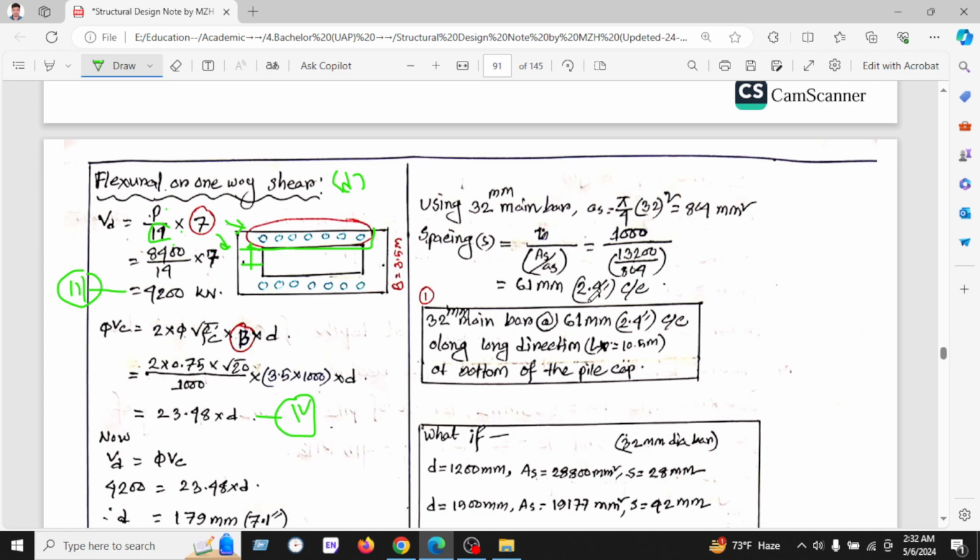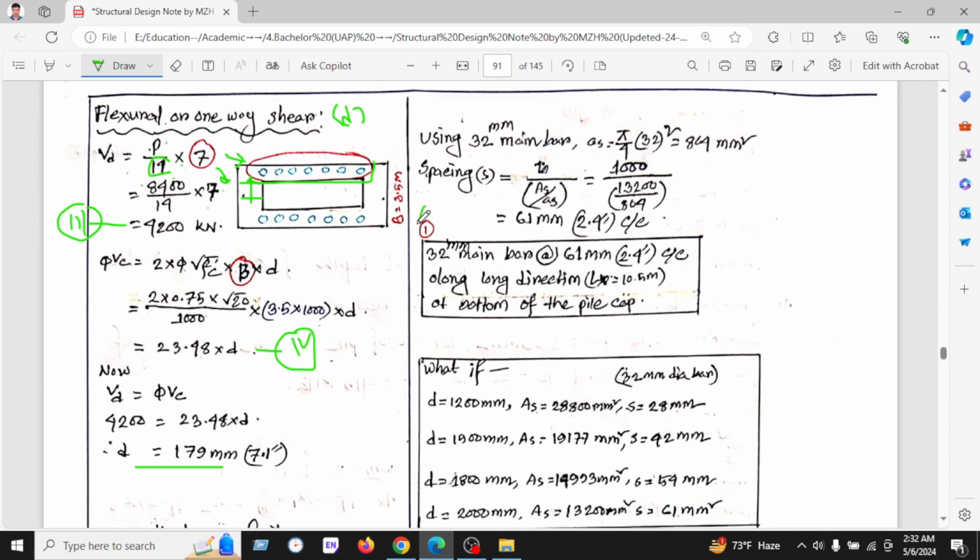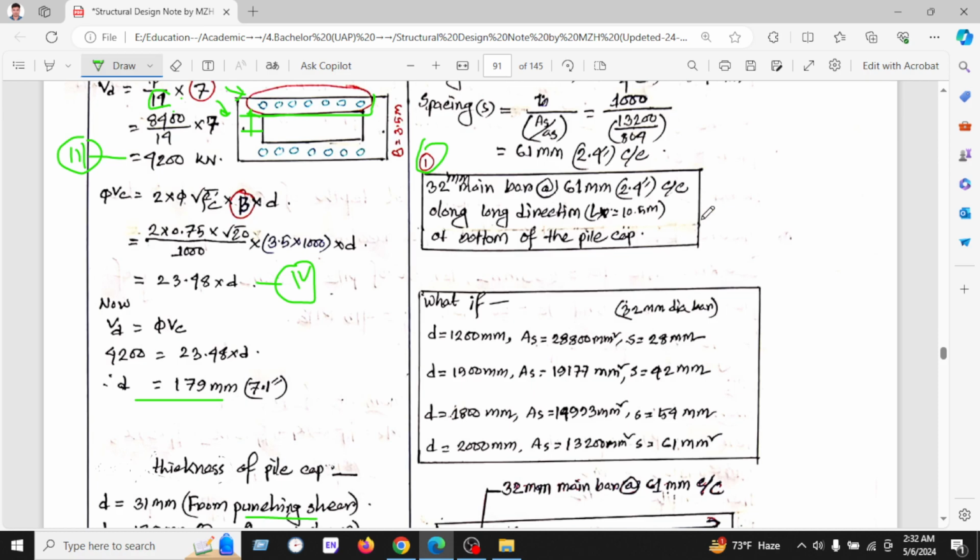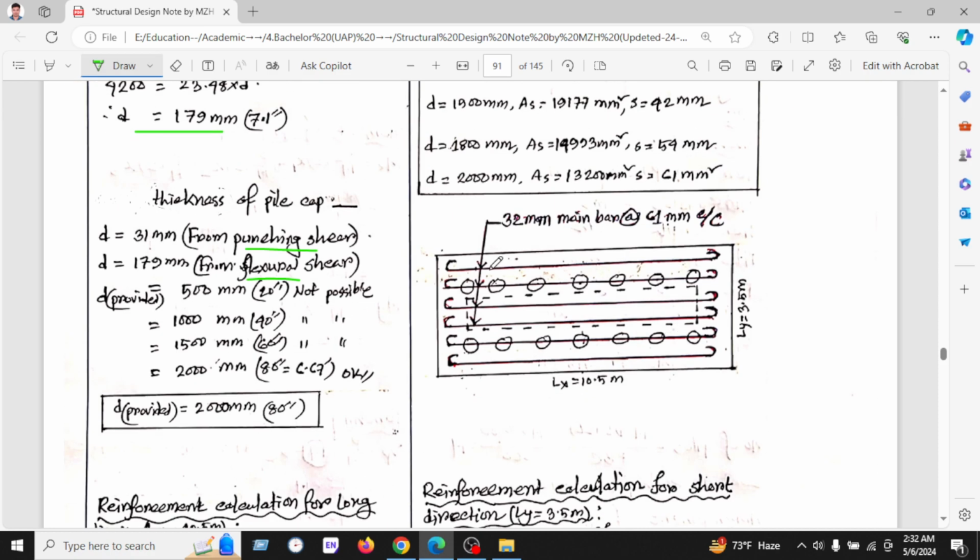So we have found 32 millimeter main bar at the rate of 61 millimeter center by center along the direction of 10.5 meter at the bottom of the pile cap. So this is our first output. We put this main reinforcement along the 10.5 meter.